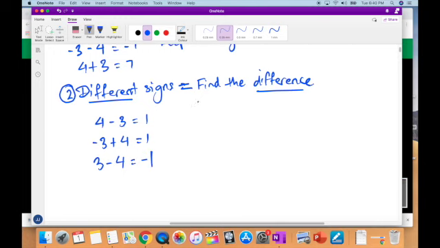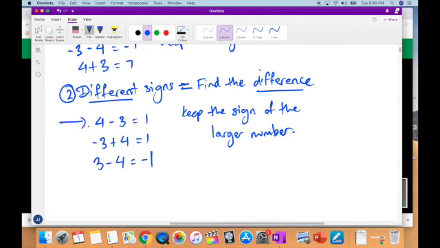And then what do you do? Take the sign of the larger number. So whatever the larger number is, in this case the larger number 4 was a positive, so the answer is a positive. In this case the larger number 4 was also a positive, so the answer is positive. In this case the larger number 4 is a negative, so the answer will be negative.